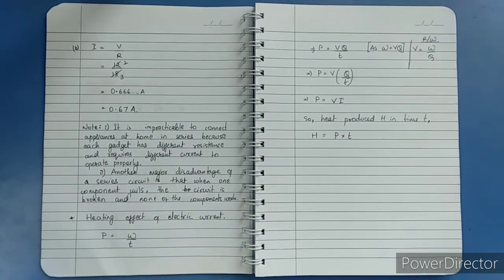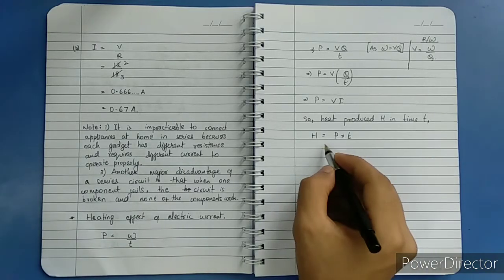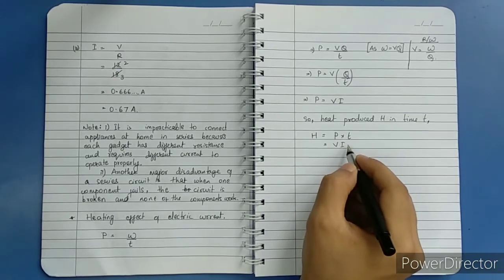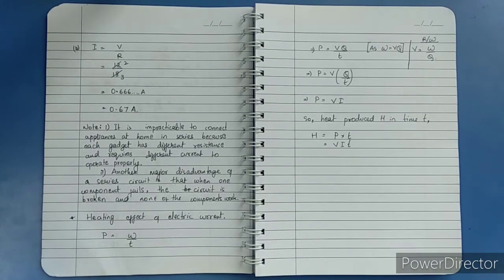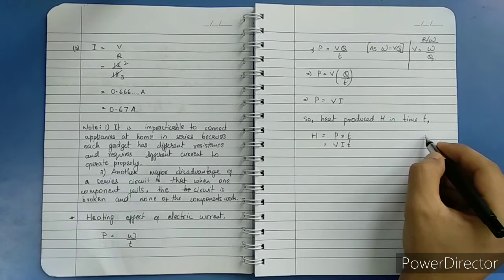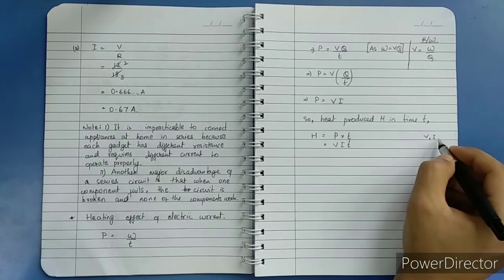So how much power is there and for how much time it runs. So power is VI, and into time. So this is the heat produced. Now basically we have three things here: voltage, that is the potential, the current, and we have resistance.